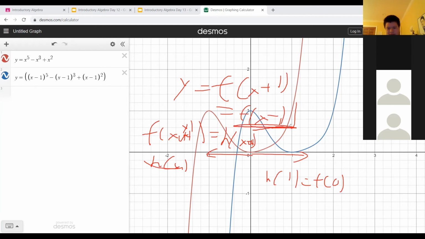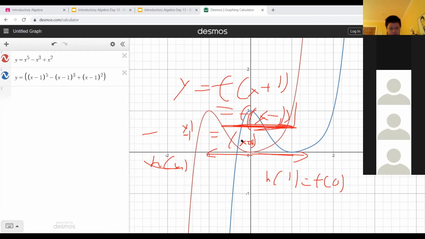Regardless, I got it mixed up. Subtracting from the input moves it to the right, as you can see. That's because h(x) equals f(x).